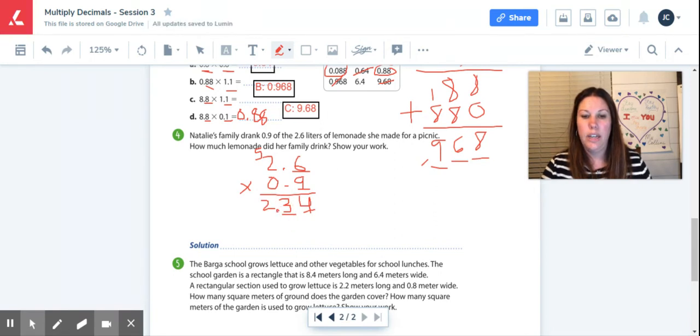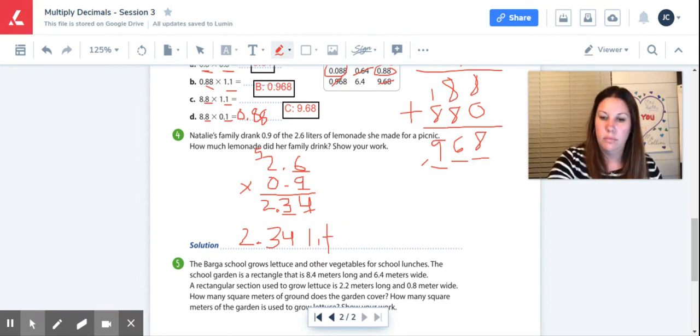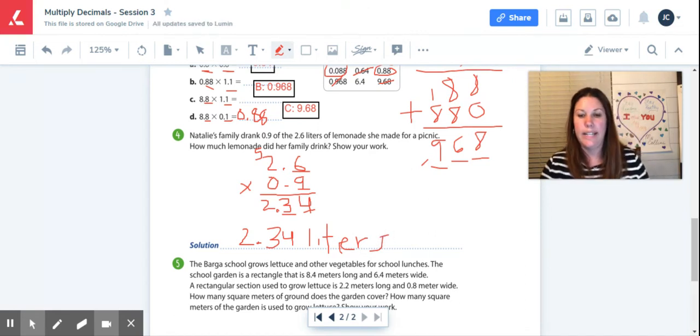So then the answer is 2 and 34 hundredths of a liter. So we're going to put liters here.